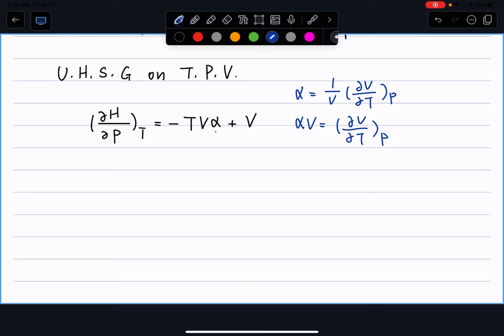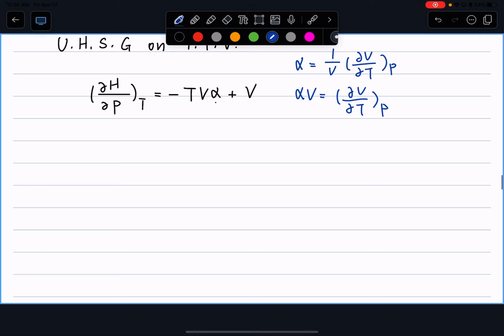So there are lots of different ways you can solve this equation. You can start from the right-hand side and derive for the left, or you can start from the left-hand side to derive for the right. I don't care how you get it, as long as you find out that the derivation is true. I don't care what path you take. So in this case, we have dH over dP at constant T, and that gives you the derivative of G plus TS.